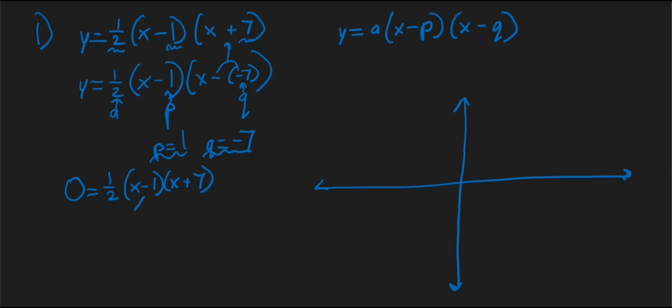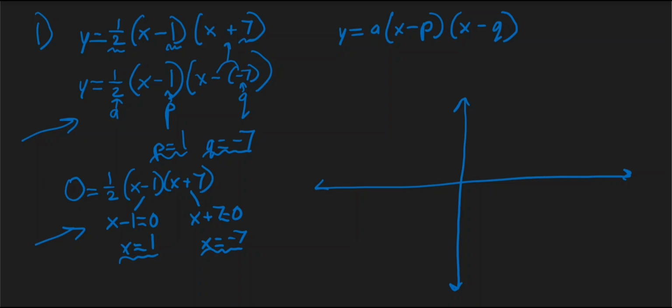You would set both of your factors equal to 0, and we can see that upon setting x plus 7 and x minus 1 equal to 0, x would be either a positive 1, and that would be the p value, or x would be -7, and that would be the q value. Either way, we end up with the same two x-intercepts, and those are the p and the q values.